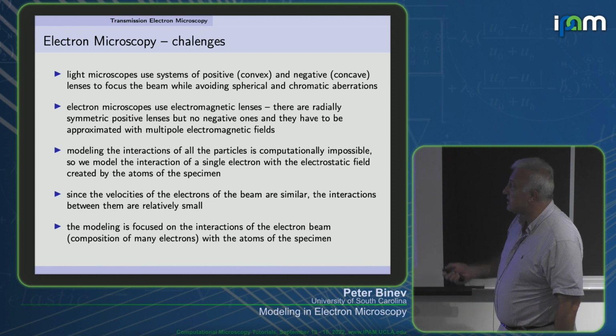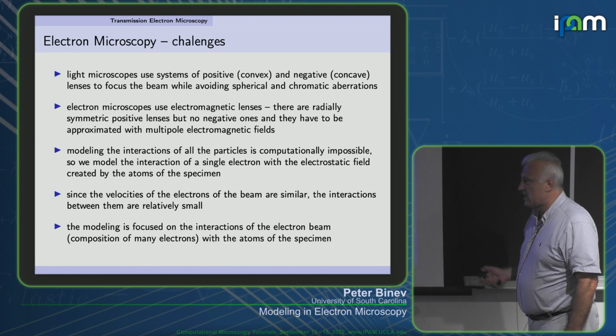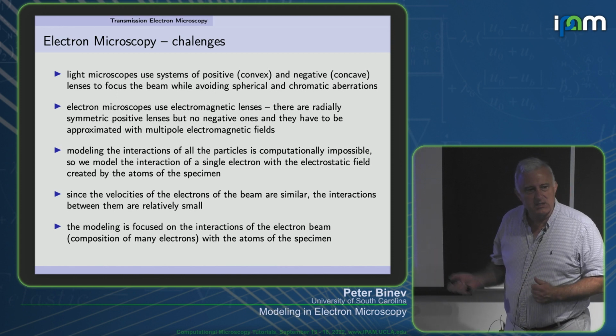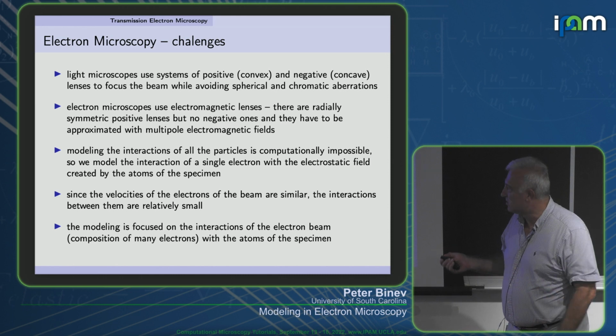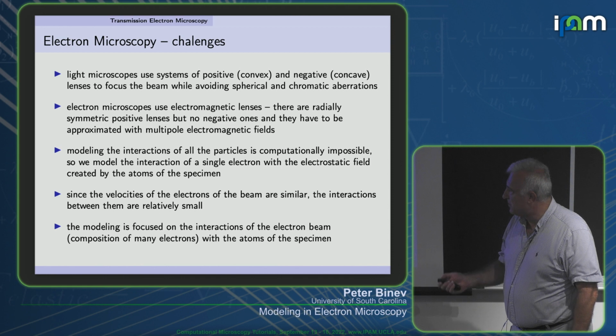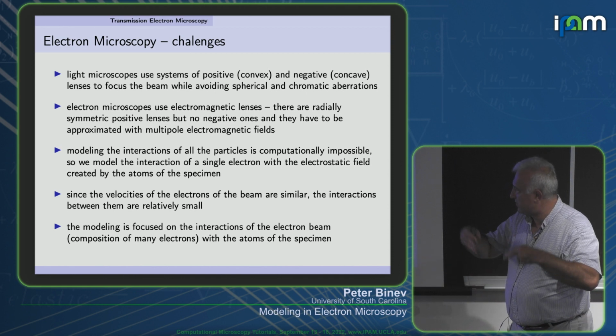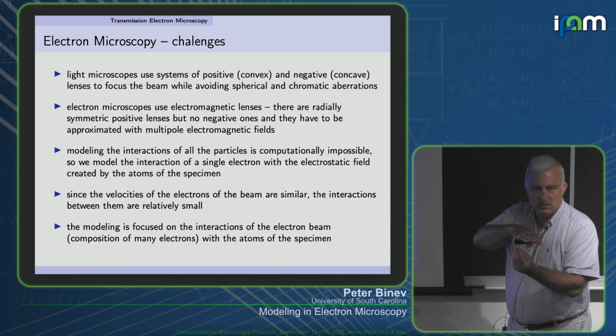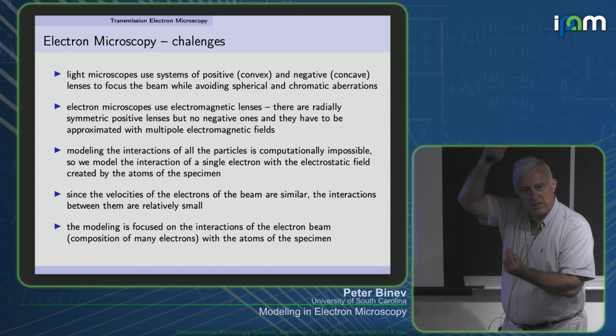This one, usually in the models, unless we want to investigate especially what happens in this case, we don't make any special efforts for. So the basic thing is modeling the interaction of the particles in the specimen with the electron beam.